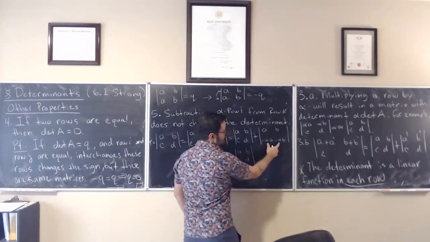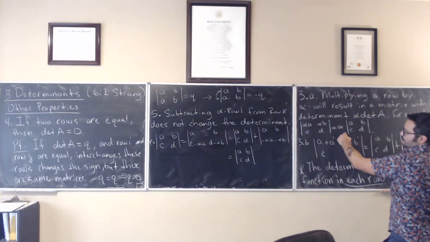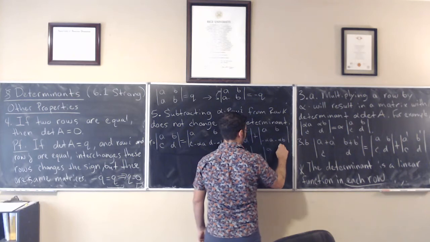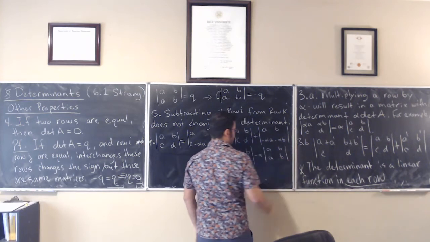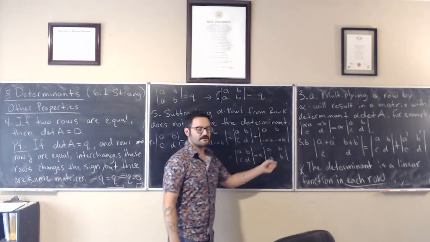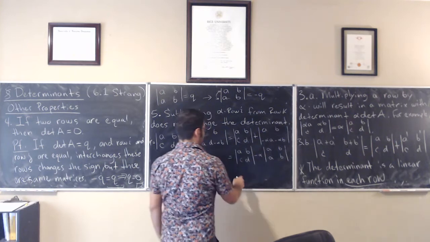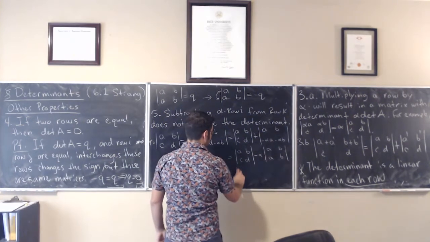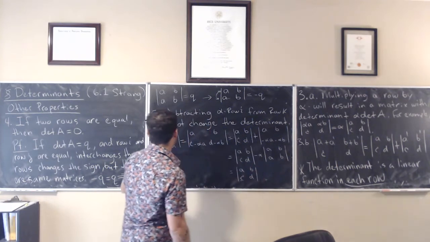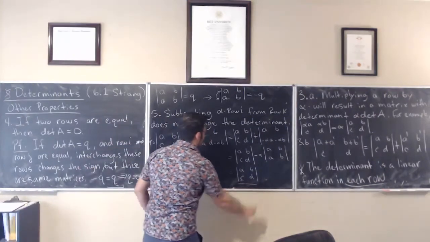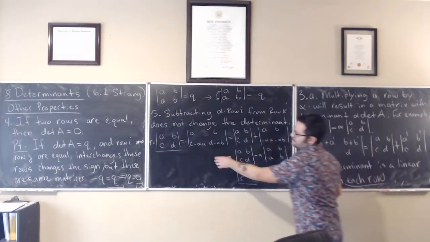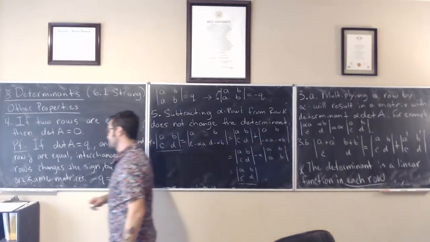But then we can use property 3A and just take that alpha out, that minus alpha. Oh, but then here, this matrix has two identical rows, right? So then that's going to have determinant 0, and we're just left with the determinant of A, B, C, D. So yes, that determinant equals that determinant, nothing changed, we're good. So we can subtract off any multiple of a row from another row, doesn't change the determinant.